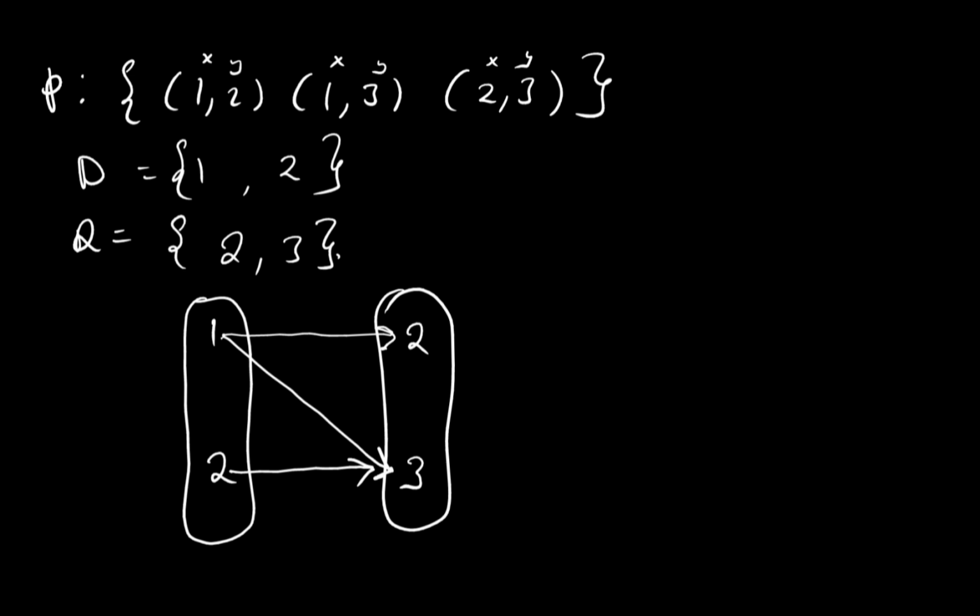But since for a function to exist, each input should have its own output, we should take into consideration that we can have different values of x being mapped onto different values of y, or the same value of y, and not the same value of x being mapped onto different values of y, because each input, like I said, should have its own output.